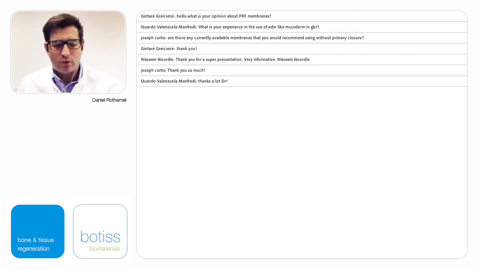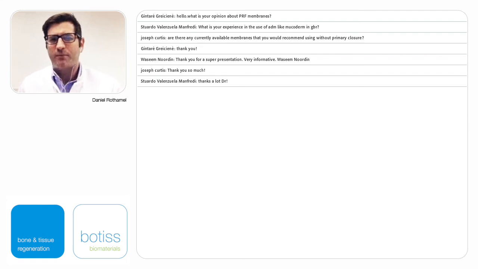However, when we are using these membranes, we have to be aware that the barrier function of these membranes is quite limited. So using it instead of a Jason membrane, for example, will not deliver the same results as using a Jason membrane in addition to a PRF membrane.